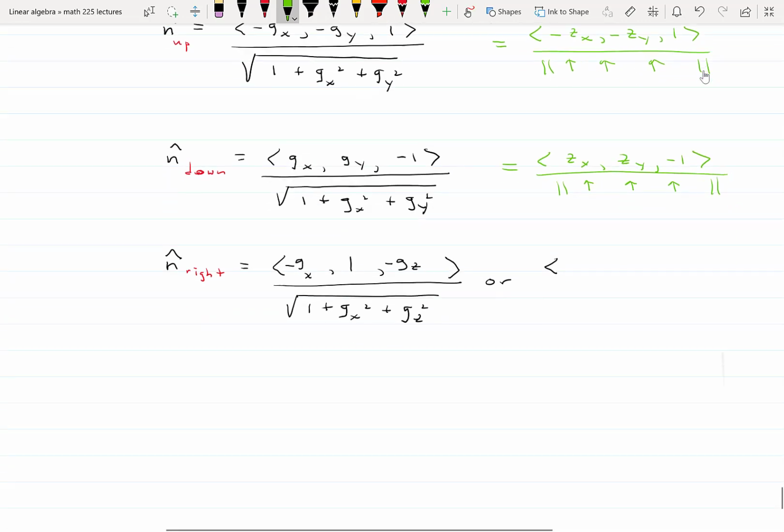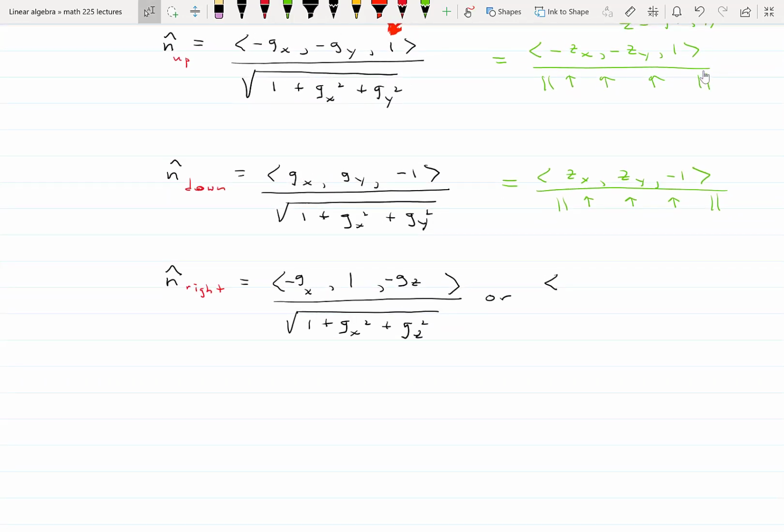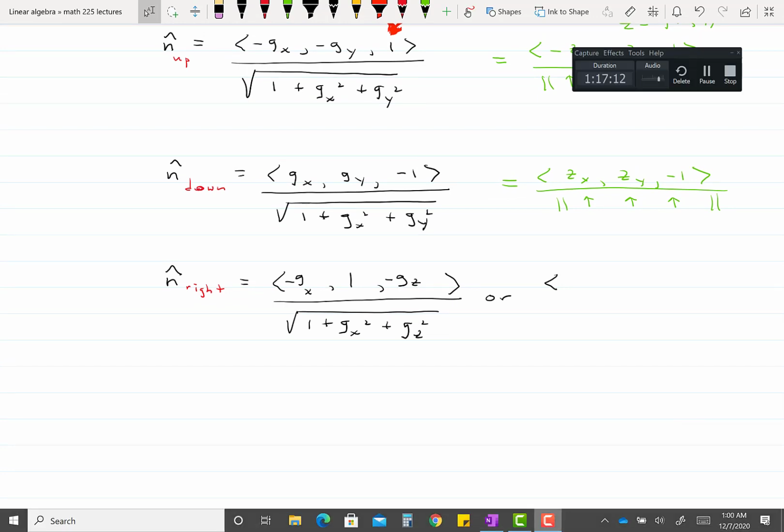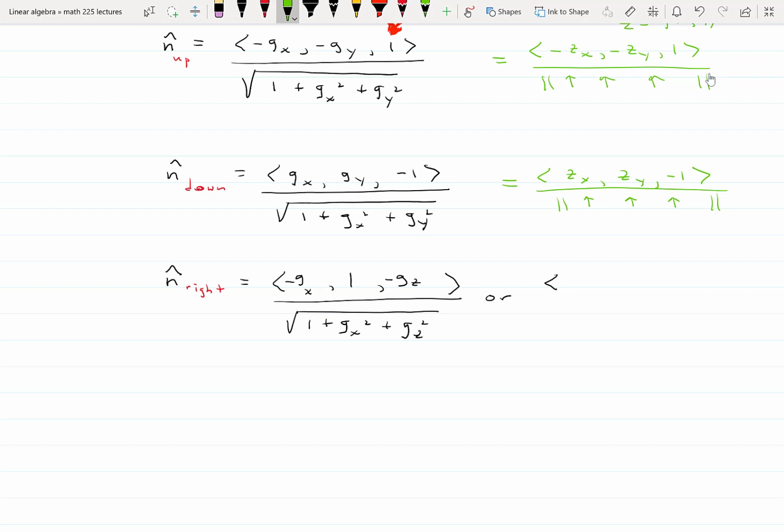We need our normal vectors to be unit vectors, and the reason will become very apparent in the next 10 or 15 minutes. If I'm considering a normal to the right or to the left, that means my function is y as a function of x and z.